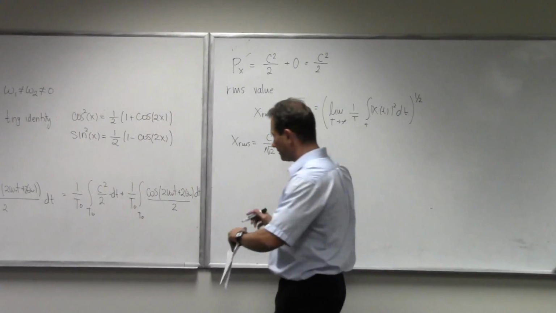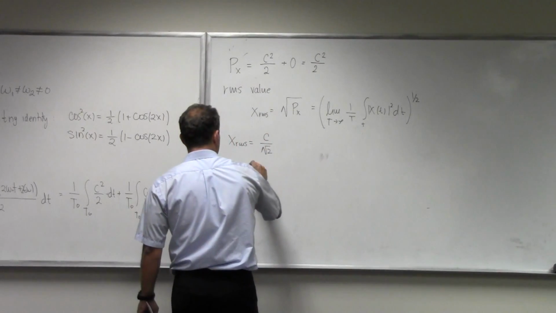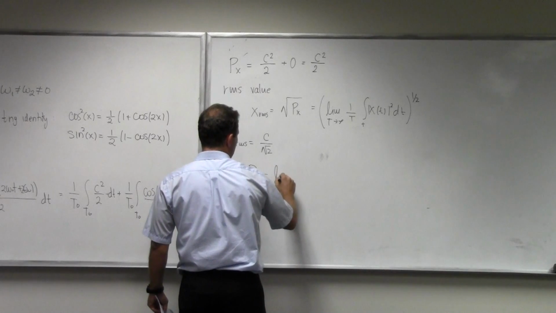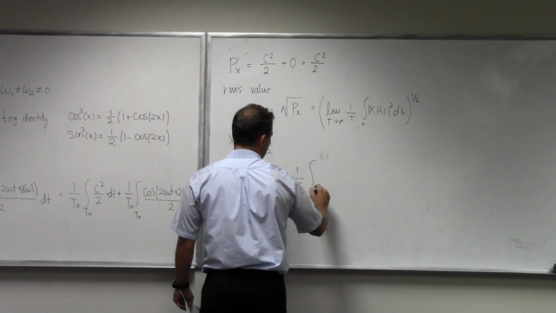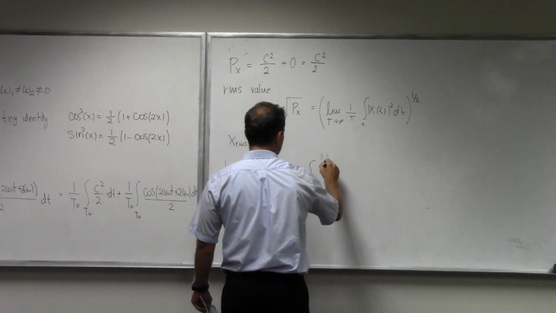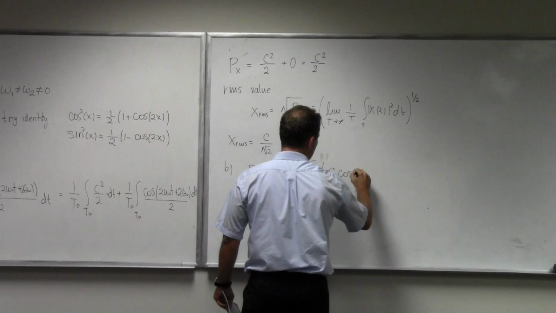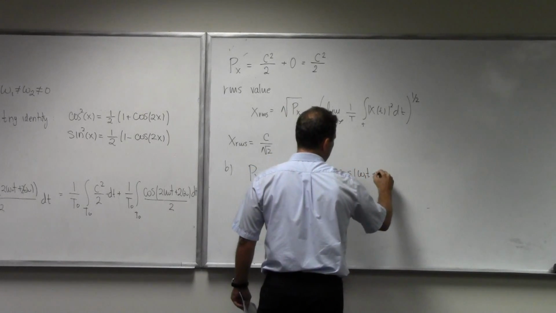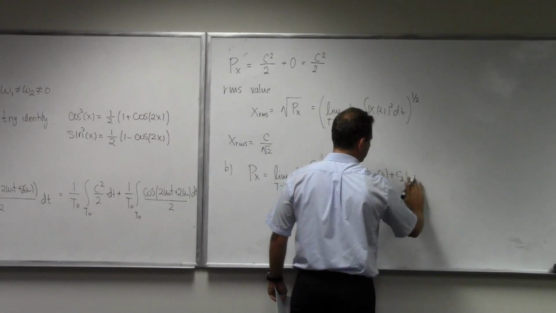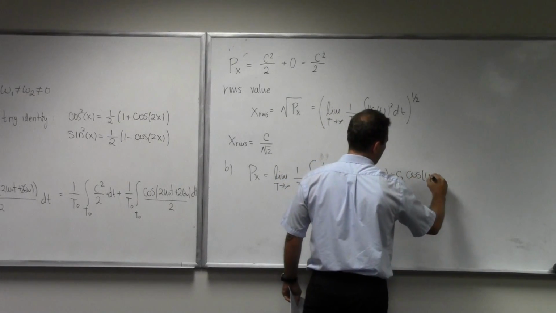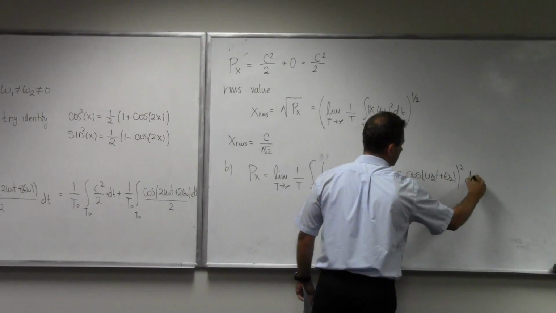Let's look at part B. Power always starts the same: the limit when t goes to infinity, 1 over t, integral over t, of the whole signal squared. So this is C1 cosine of omega 1 t plus theta 1, plus C2 cosine of omega 2 t plus theta 2, everything squared, dt.